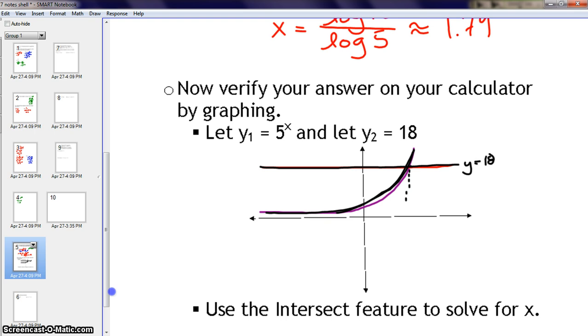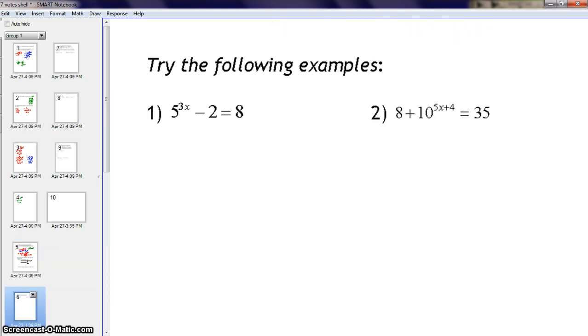And the x value where those cross is about 1.79. Okay, so if you wanted to do this more visually, you certainly could. I actually think the algebra is faster, but if you needed a backup.